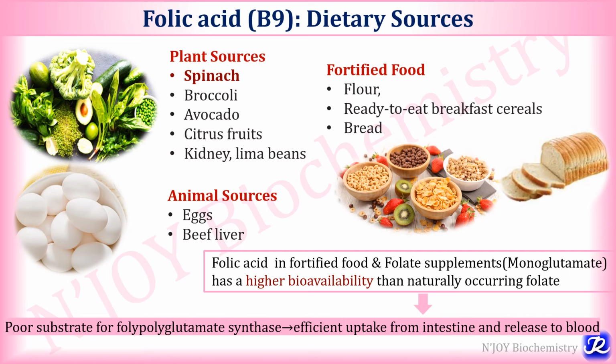What is the action of this enzyme? It is responsible for conversion of the monoglutamate form into the polyglutamate form, and the monoglutamate form can be efficiently taken up by the intestine and released to the blood, and that's why the monoglutamate form present in fortified food and folate supplements has a higher bioavailability.